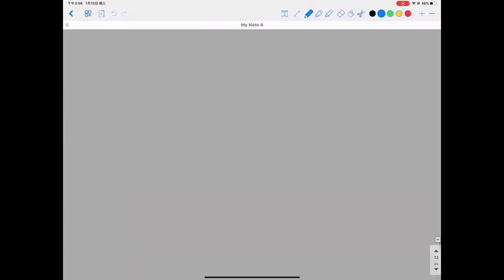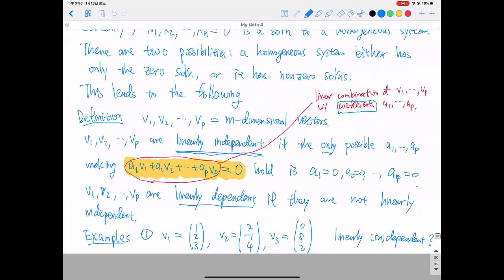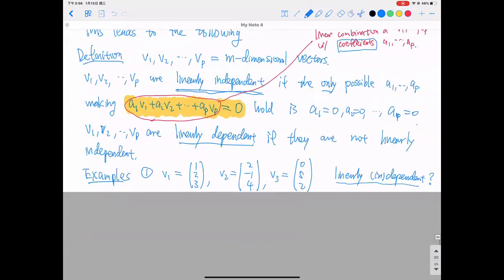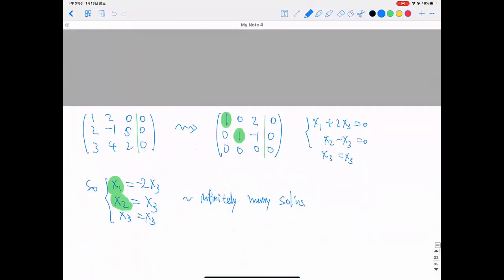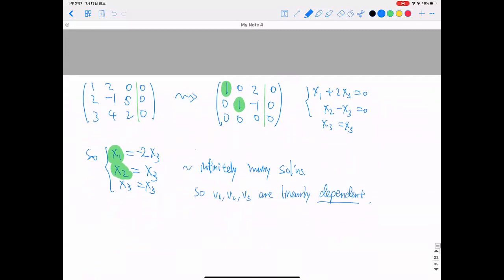Now going back to what we talked about, if you have infinitely many solutions, it means that you have infinitely many different linear combinations of v1, v2, and v3 equal to the zero vector. So they are linearly dependent. Okay, that's one example.